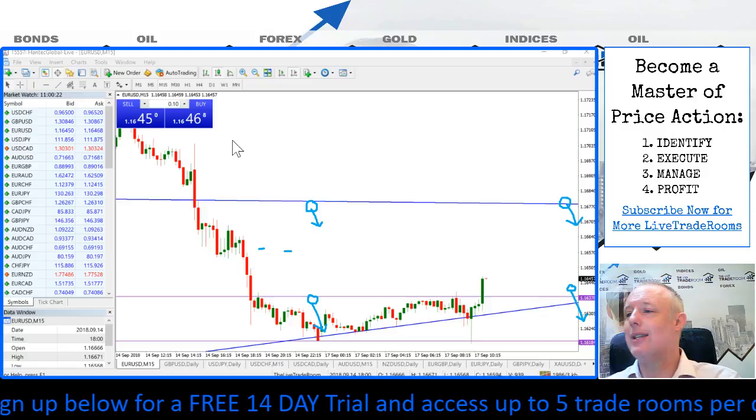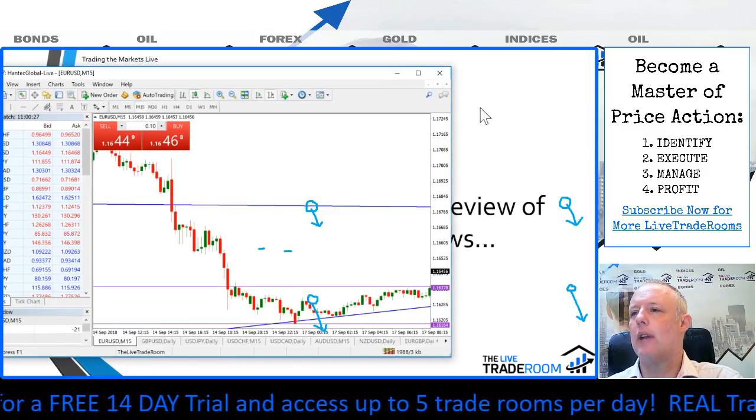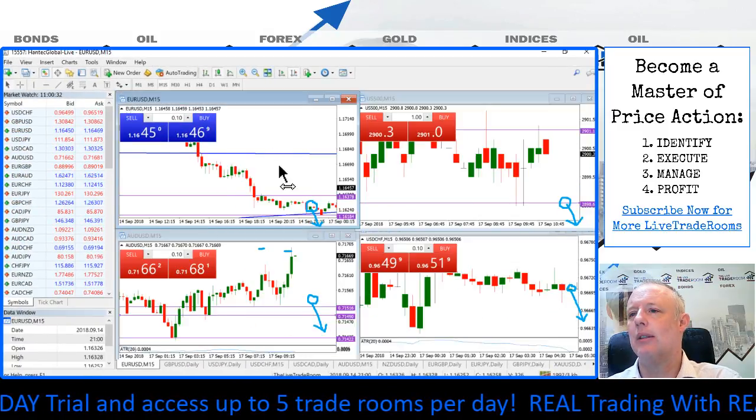So we're still going to continue to look at these markets. In fact, when we switch across now to the live trade room, we'll look for some of these opportunities in a bit more detail.